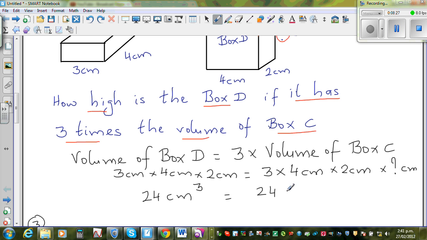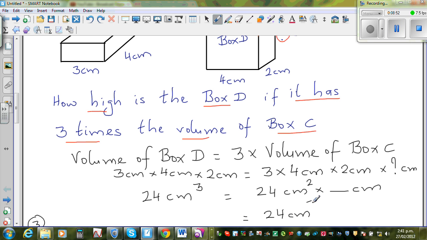Yeah, 24 centimeter squared times some centimeter. So use your logic. What should be here? So this should also be 24 centimeter cube.